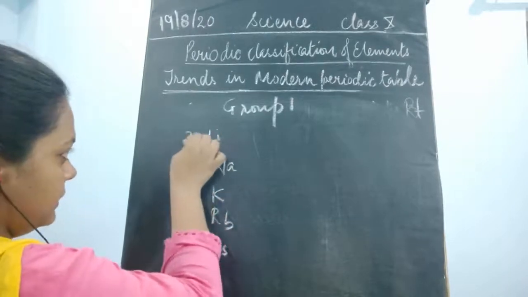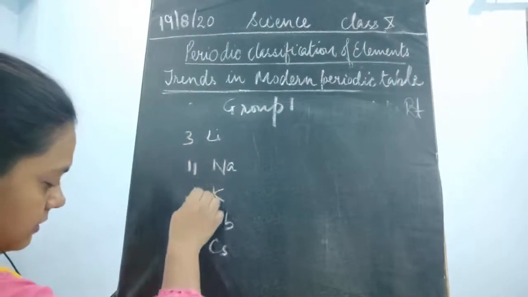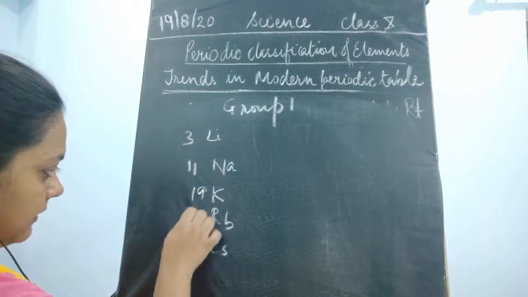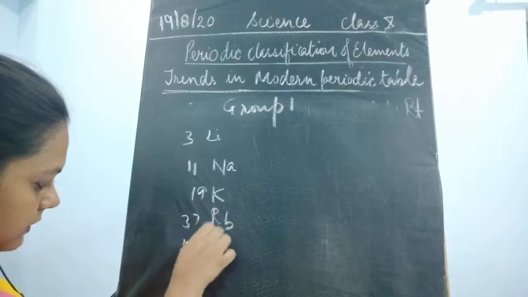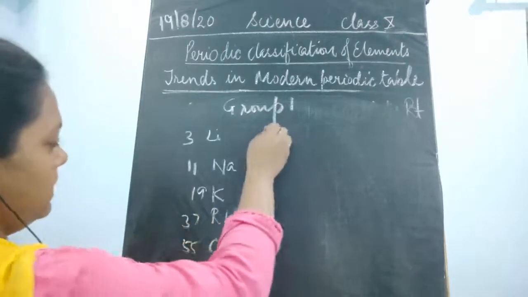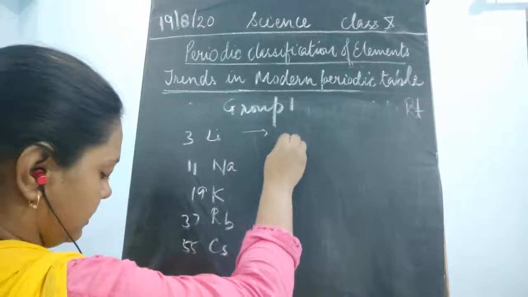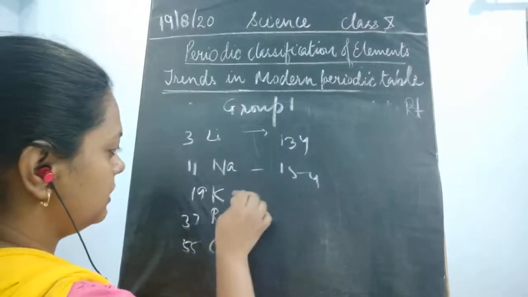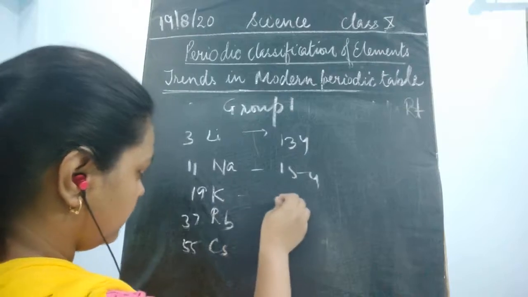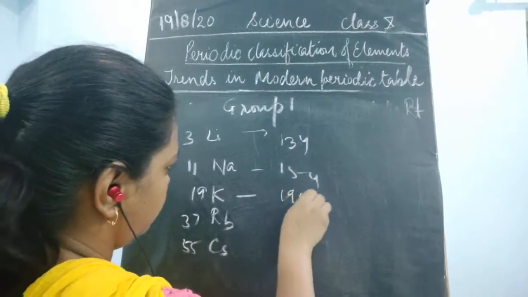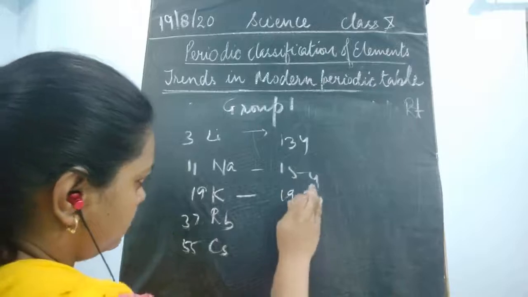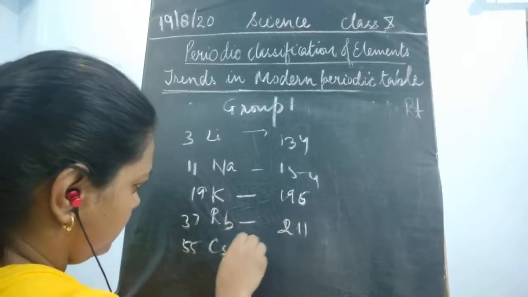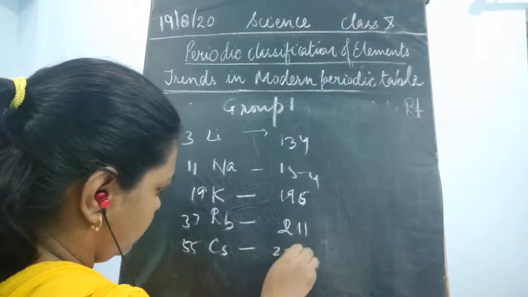Okay, so their atomic numbers are 3, 11, 19, 37 and 55. What is their atomic radius? Lithium's atomic radius is 134, sodium's is 154, potassium's atomic size is 195, then 196, rubidium is 211 and cesium is 225.